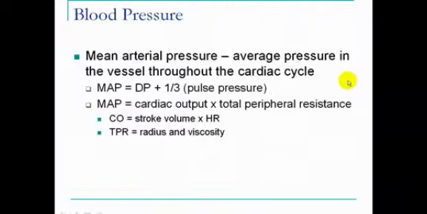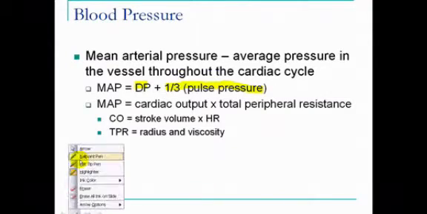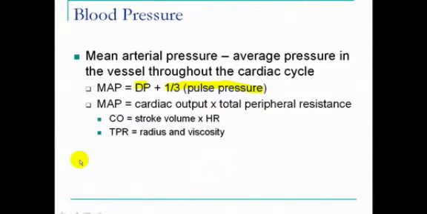MAP is equal to diastolic pressure plus 1/3 your pulse pressure. So in that previous example, if a blood pressure is 120/80, your MAP would equal 80, which was your diastolic pressure, plus 1/3 your pulse pressure.